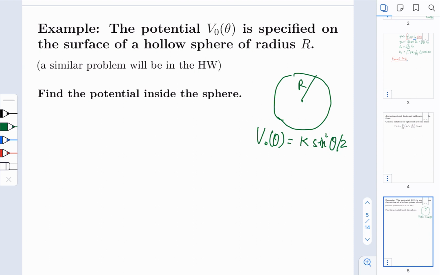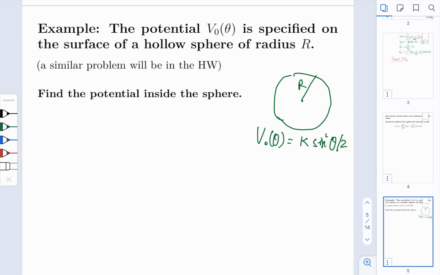Now, what kind of information can we get from this example? Well, first we are interested in the potential inside the sphere, right? So the area of interest should be here, and then there are boundaries of this problem. One of the boundaries is already written here.